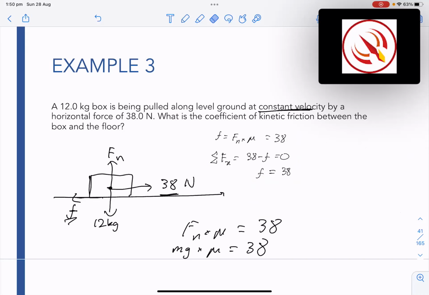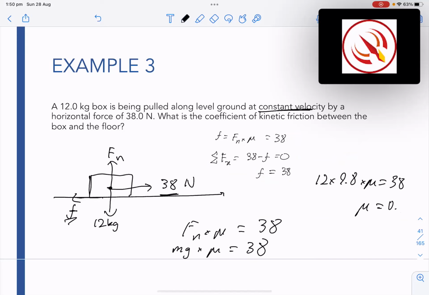So 12 times 9.8 times mu is equal to 38, and we're going to get mu as 38 divided by all of that: 38 divided by 12 times 9.8.